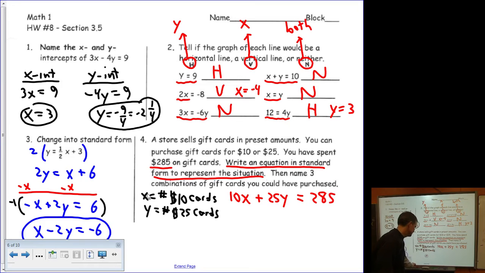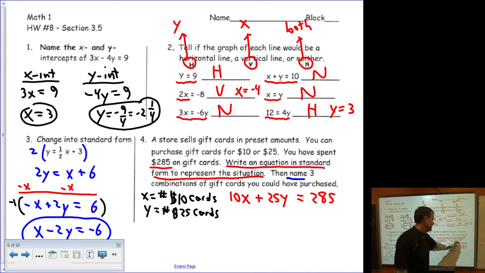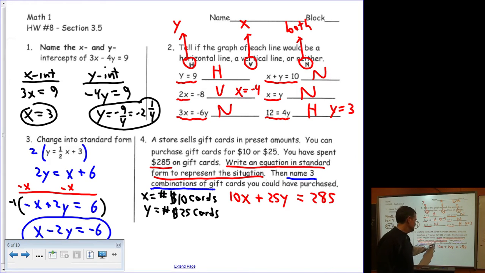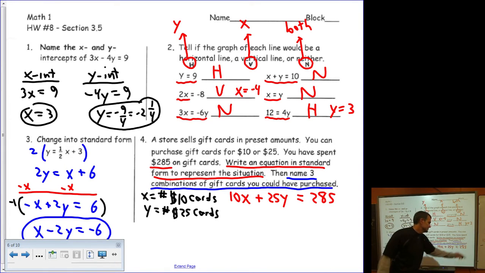The last thing they asked me to do here is name 3 combinations of gift cards I could have purchased. Well, I noticed that 10 and 25, neither of those go into 285 evenly, so I can't use 0, but I think I can do this.